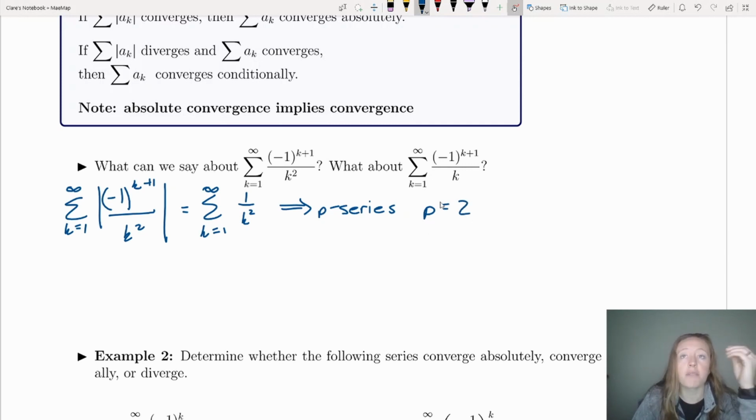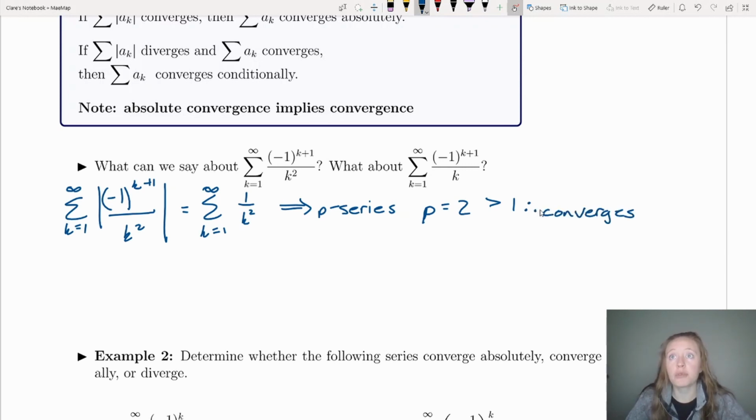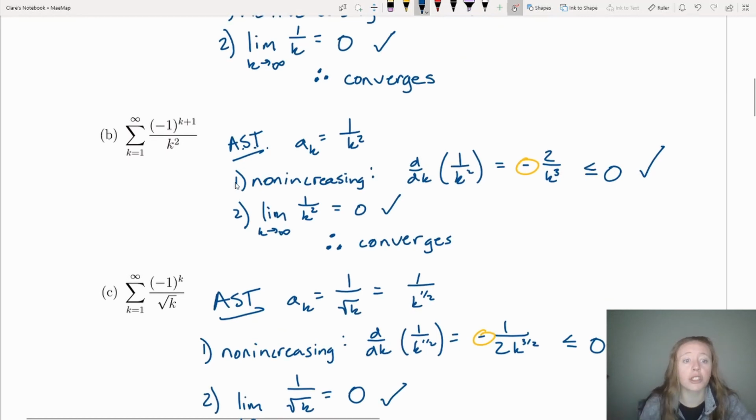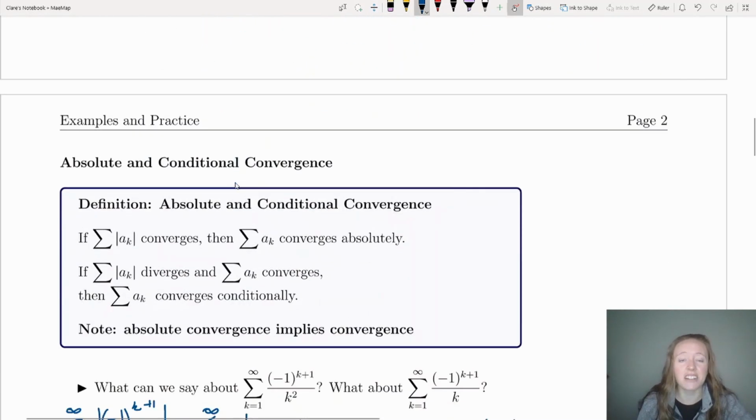So because we have a p-value that's equal to 2 for our p series, we know that that is greater than 1. And because it's greater than 1, we know that this is a p series that converges. So the absolute value of this series converges, and if we scroll back up, in part B, we have the same exact series, and we also showed that that alternating series converges.